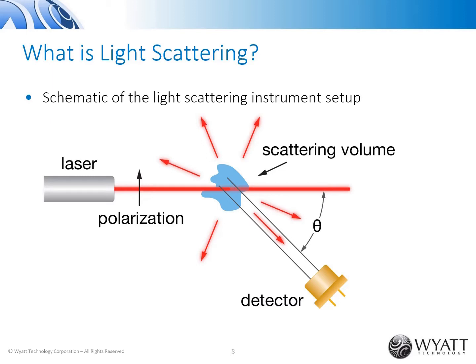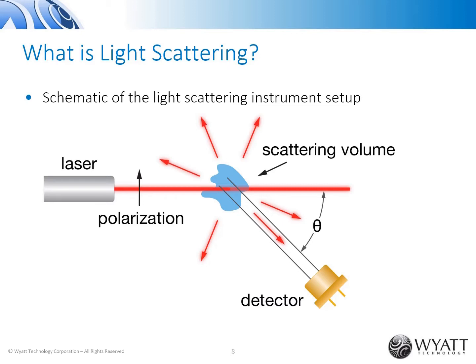The instrument is calibrated with toluene, a scattering standard, so we get absolute values with no reference to a molar mass standard. The scattering intensity is proportional to molar mass and concentration, and from the decrease of the intensity with angle, we can extract the size.